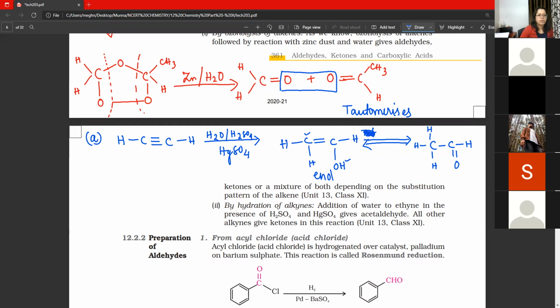Okay, so this one tautomerizes to give us aldehyde.